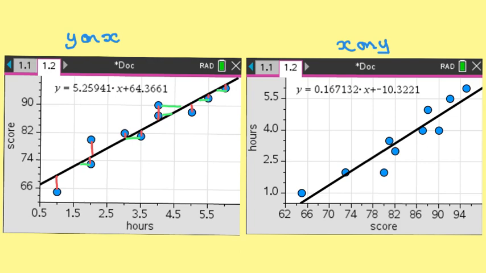That should really be written as x equals 0.167132y minus 10.3221. That is because the TI Inspire is not capable of switching the two variables around. It actually now thinks y is x and x is y, but technically our x on y equation is this one here.